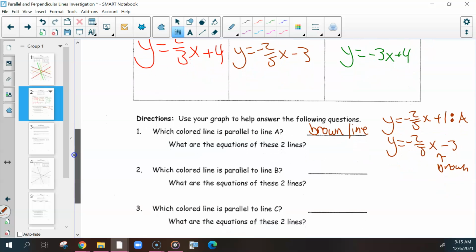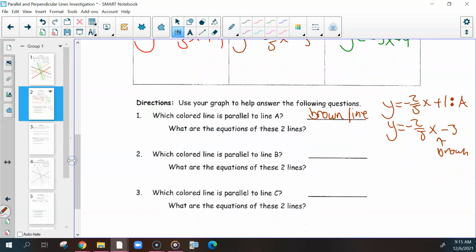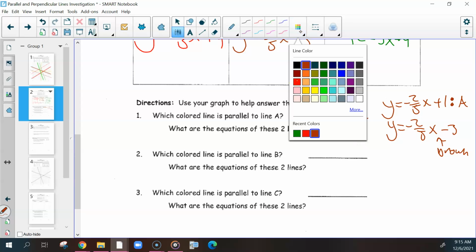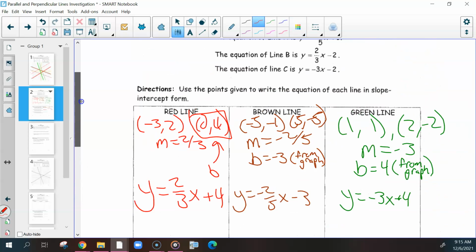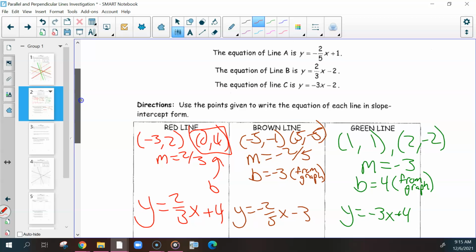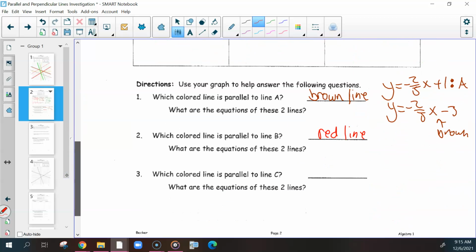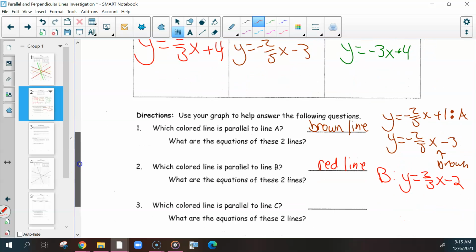For line B, we said that the red line was parallel to it. So we would write red line and write those two equations. B was y equals 2/3 x minus 2. And the red that we just found was y equals 2/3 x plus 4.